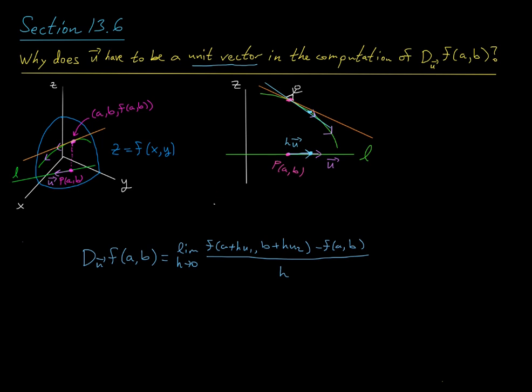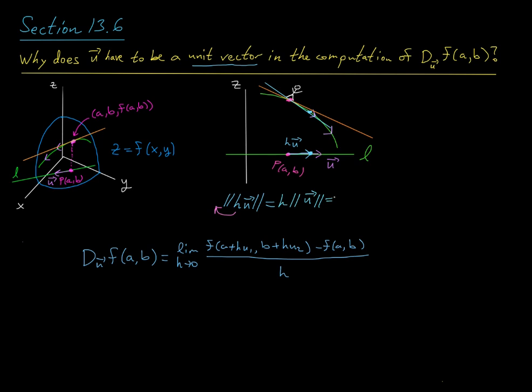So first off, notice that if we look at this step vector, hu, and I ask, well, what's the magnitude of this thing? Well, by property of magnitudes, this scalar h here can come out front. And so this is h times the magnitude of this vector u. And see, if u is a unit vector, then this magnitude is just 1.